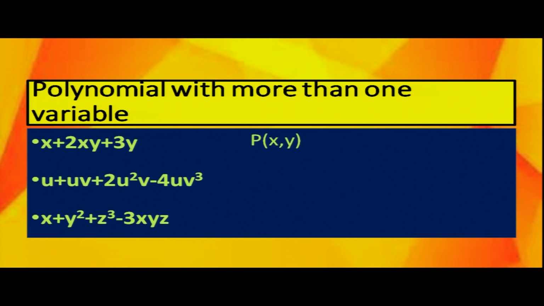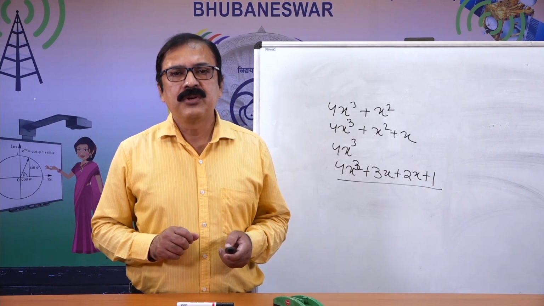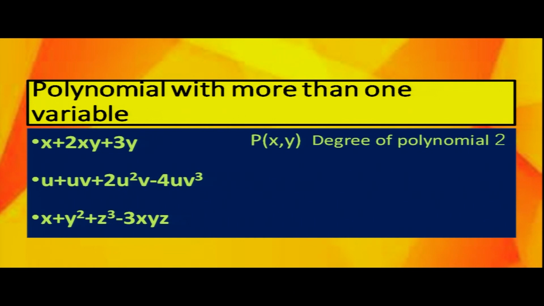To find the degree of a polynomial with more than one variable, we have to add the exponents of each variable of the term. In this way, if we see 2xy, the sum of the exponents of x and y is 2. So here the degree of the polynomial is 2.